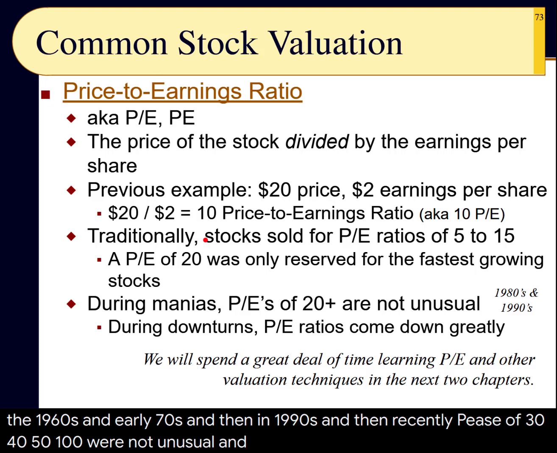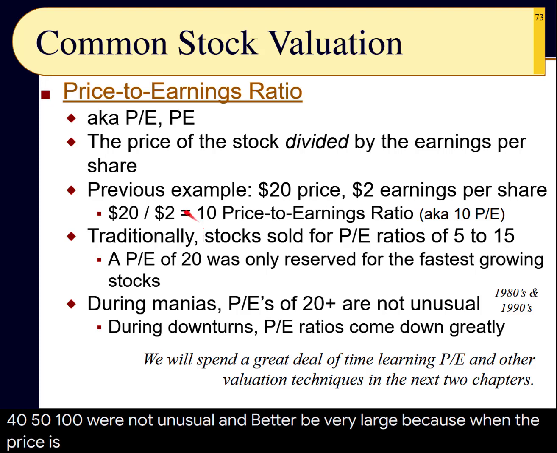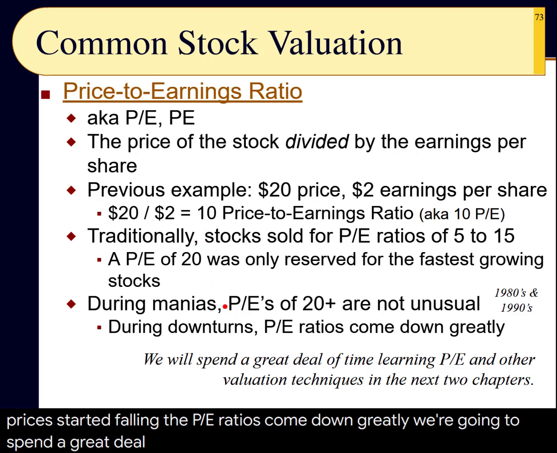And during the downturns, the parachutes better be very large because when the prices start falling, the PE ratios come down greatly.